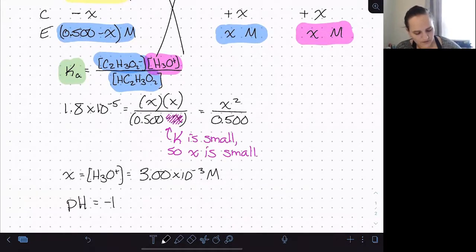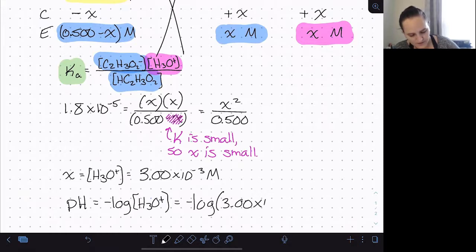The pH is just the negative log of the hydronium concentration, so that is the negative log of 3 times 10 to the minus 3rd, which is about 2.523.